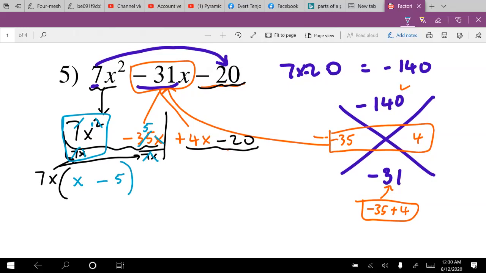What is common between 4 and 20? 4 is common. So we have a positive 4. We divide that by 4 and this by 4. So 4 cancels out, and we're left with x. 4 going to 20 5 times, and that's -5.